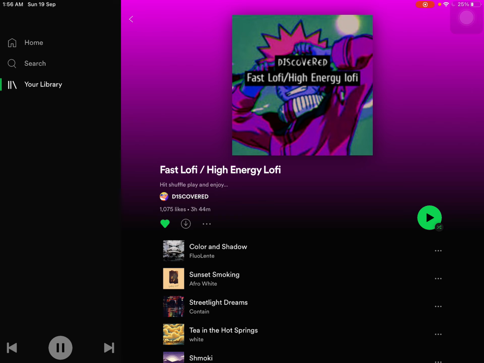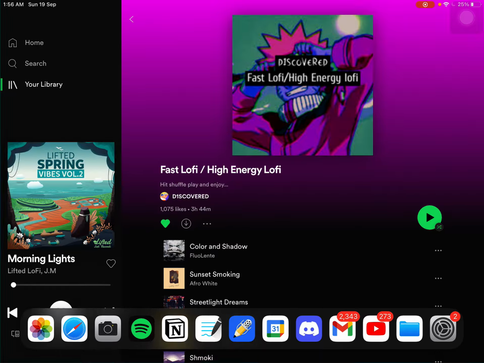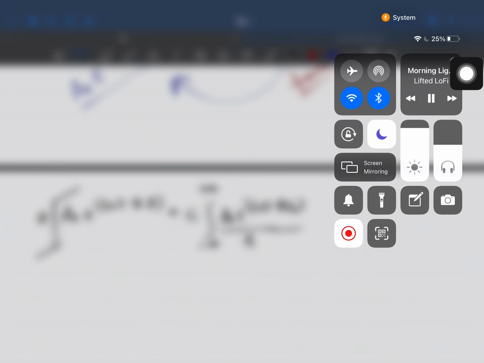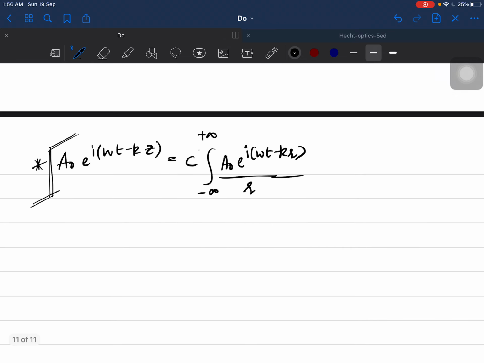I am finding the integral. I am reaching Sir actually. Wow, this is good.